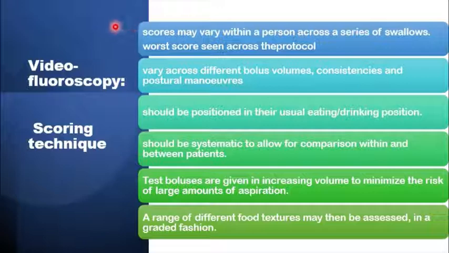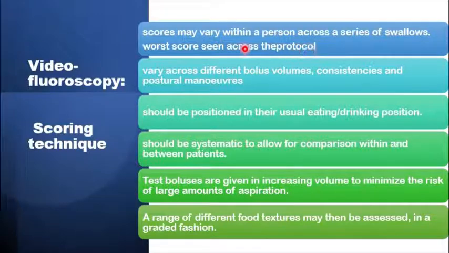It's also important to know that the scores may vary within the same person across a series of swallows if it's repeated. And of course, the scoring can vary across the same patient again with different bolus volumes or consistencies between, say, for example, fluid or semi-fluid or solid, and different postural maneuvers adopted by the patient himself.